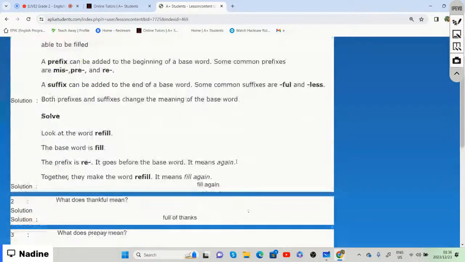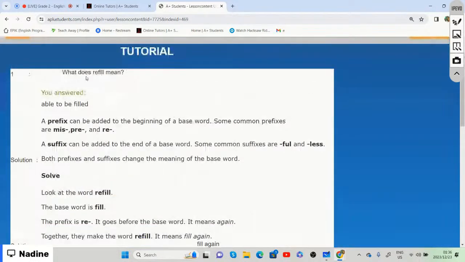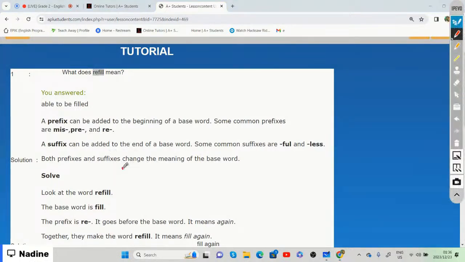All right, so now what does refill mean? Refill. Remember we said that, let me rather write it down. We said miss means incorrectly.